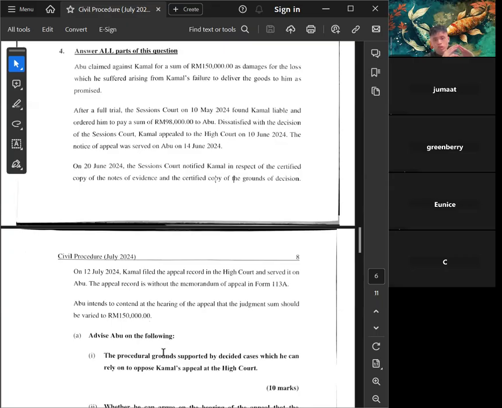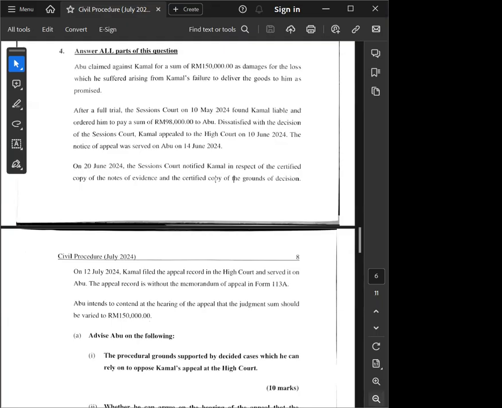We just found out Order 55, Rule 4: what documents have to be included in the record of appeal? Apparently, the memorandum of appeal has to be contained. As we can see from the wording of Order 55, Rule 4, the record shall contain copies of the memorandum of appeal.